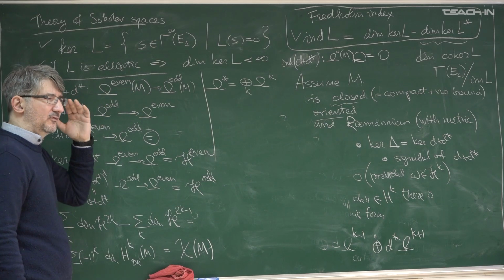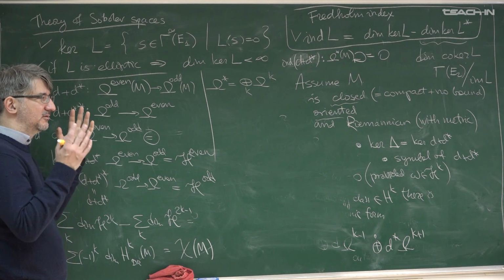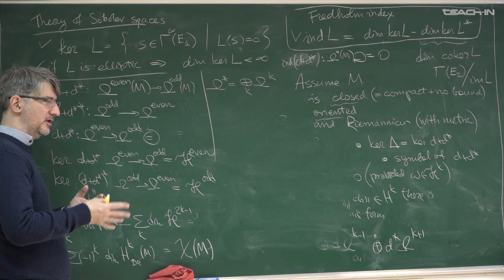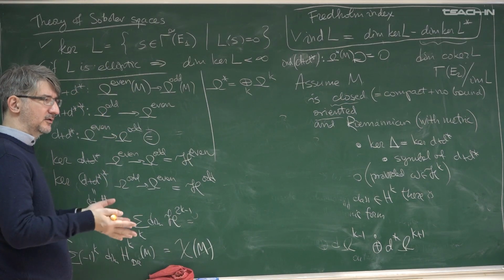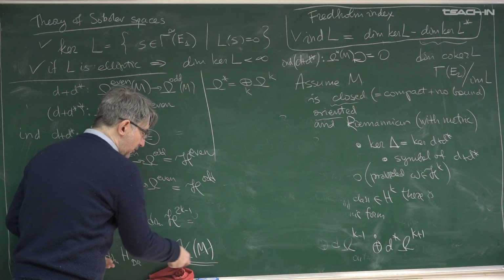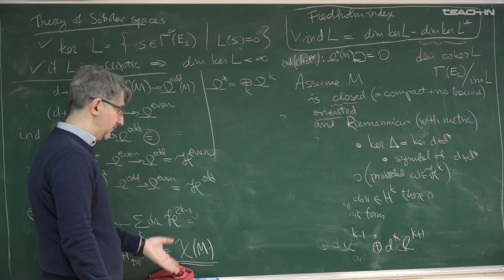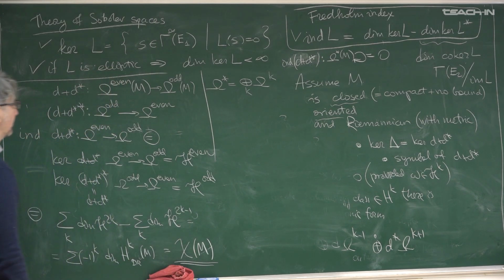Imagine a differential operator. You need to solve differential equations, Fredholm alternative, blah, blah, blah, many things related to functional analysis. But suddenly you obtain a purely topological characteristic of the manifold. It's the Euler characteristic. Very good.